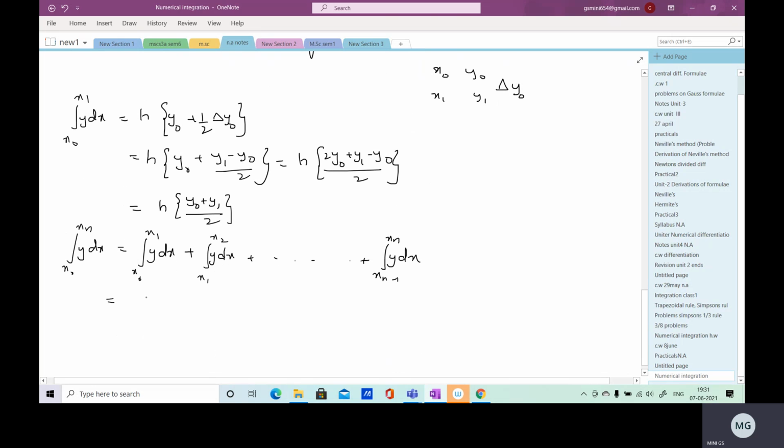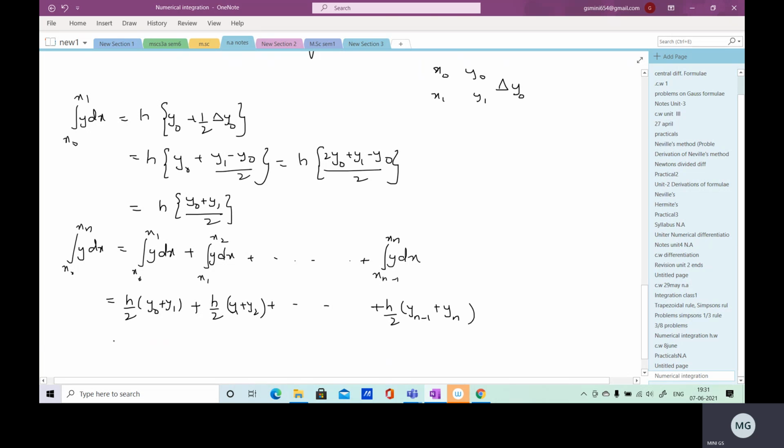The first one is h by 2 into (y0 plus y1), the y values at the lower and upper points, then h by 2 into (y1 plus y2), plus etc., plus h by 2 into (yn minus 1 plus yn).